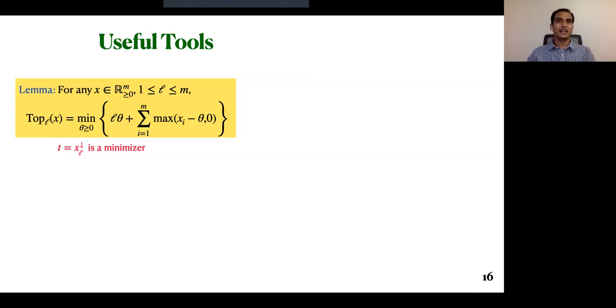This yields an upper bound on the top-l norm as shown in the displayed equation. That is, the top-l norm of x is at most L times theta plus the summation over all coordinates of max of xi minus theta, comma 0. In fact, this expression is minimized when theta equals the Lth largest entry of x.